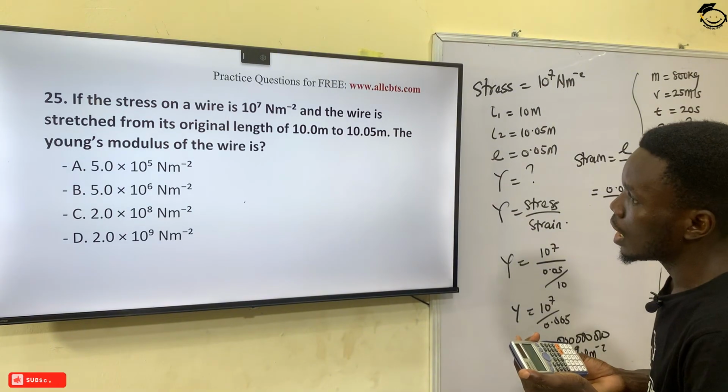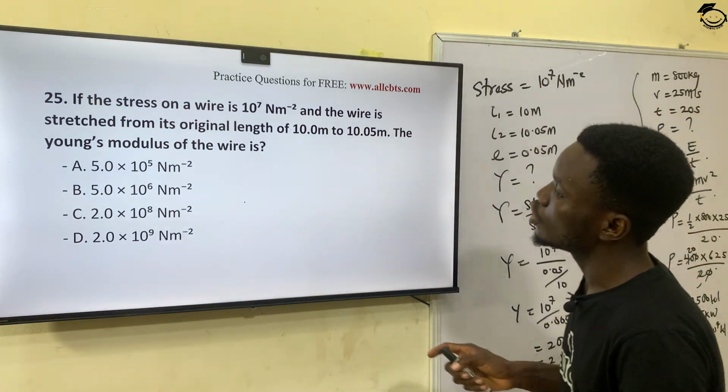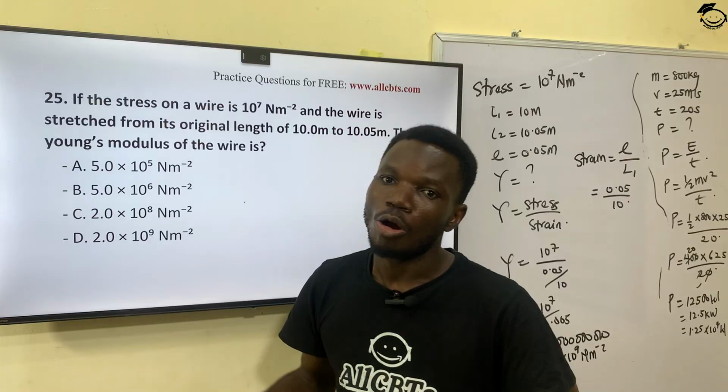So the correct answer should be 2 times 10 raised to power 9 Newton per meter square, which is option D.